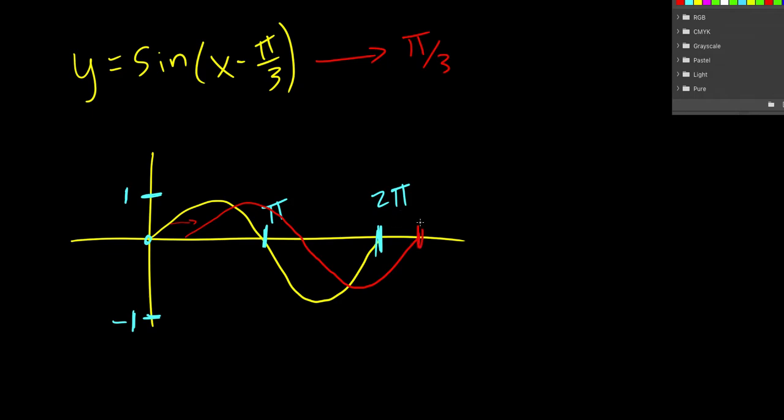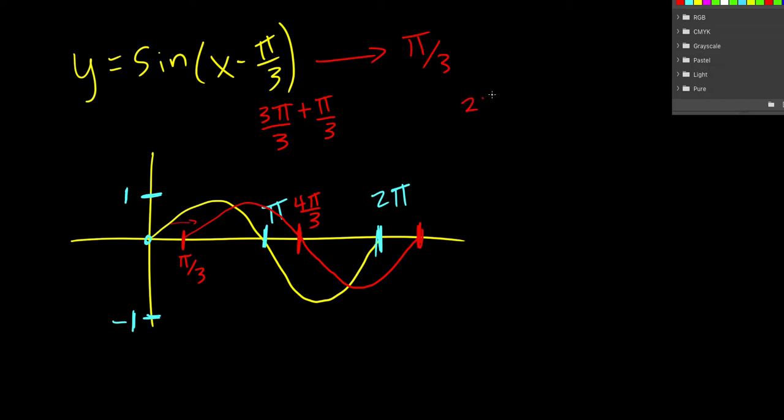But if we wanted to know the actual value here, and here, and here, we know this one's going to be pi thirds, because it's just going to be 0 plus pi thirds. But we would have to say pi plus pi thirds. Think of the pi as 3 pi over 3. And then that would end up being 4 pi thirds.